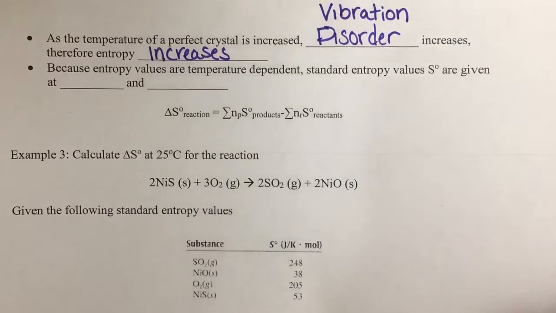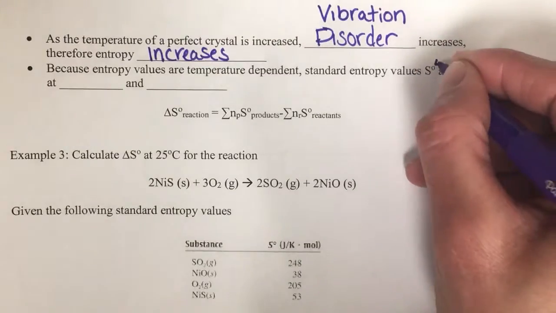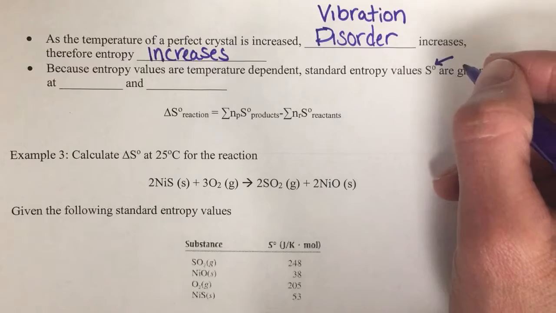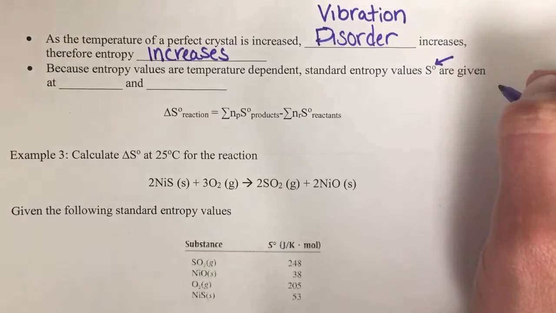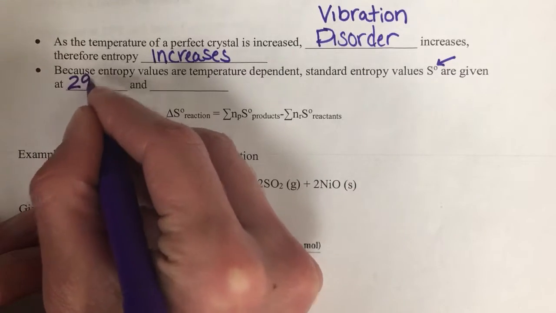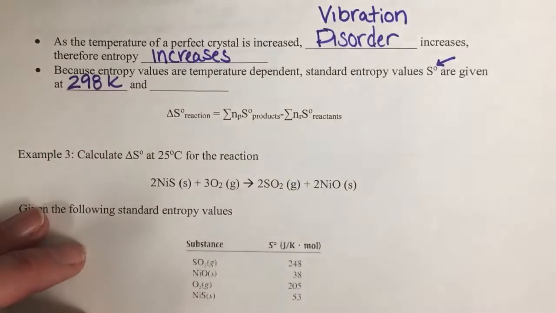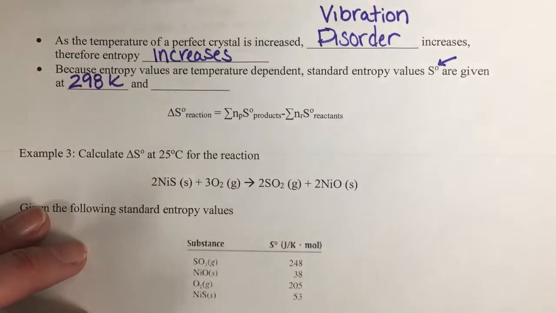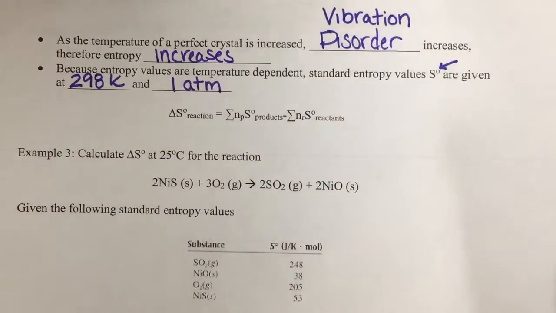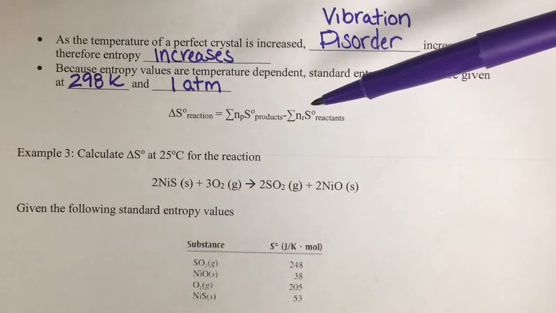Okay? Now, because entropy values are temperature dependent, anytime you see this little superscript of a 0, that's telling me I have standard temperature and pressure. Standard temperature, in terms of entropy, is 298 K, and it's going to be 1 atmosphere of pressure. Now, when we're looking at entropy, we have this reaction that should look very, very similar.